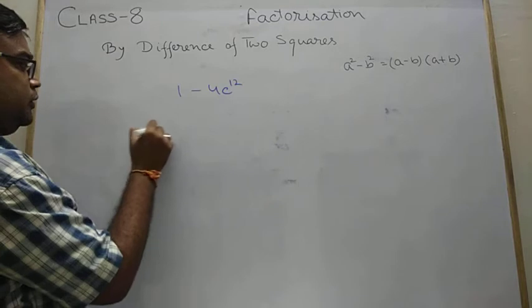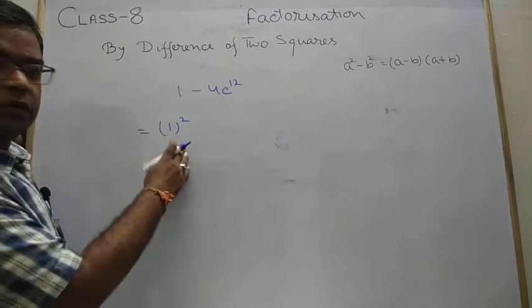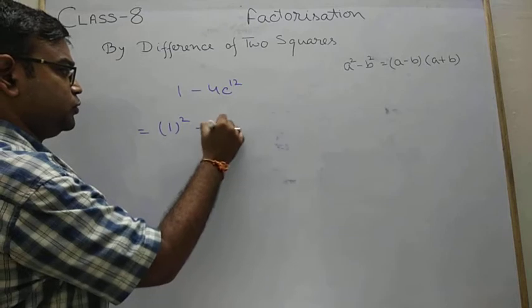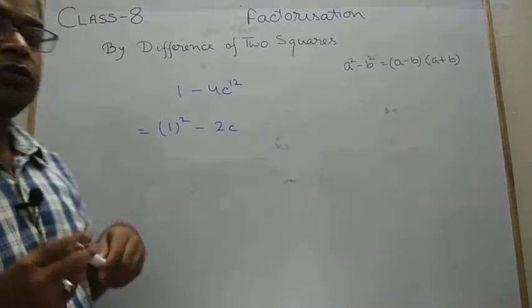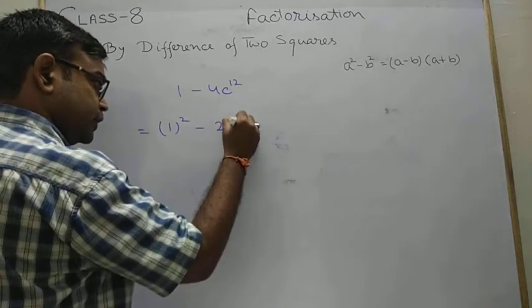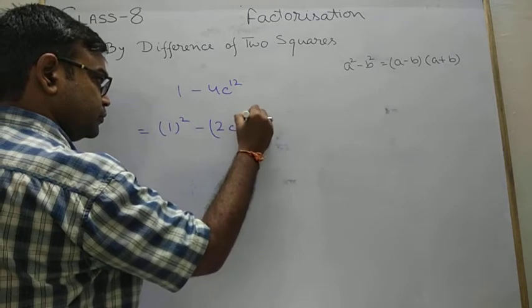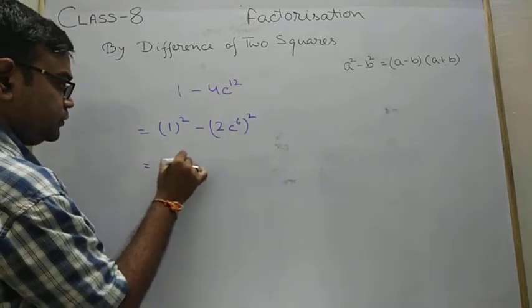Okay, it's not interesting, it's just the same: 1 whole square minus 2c. As we know, power to the power must be multiplied, so 6 into 2 is 12. So what do we write?